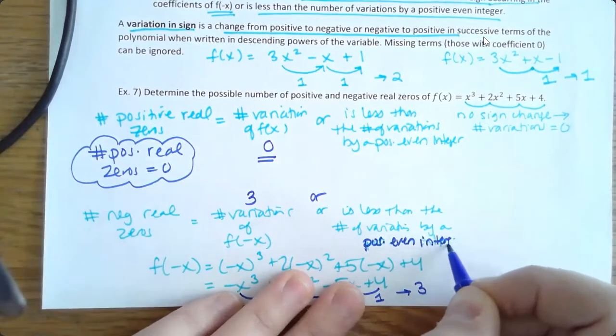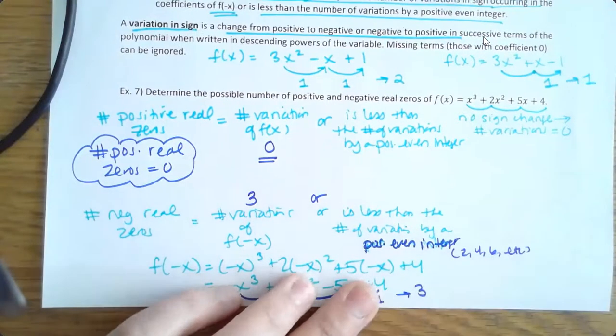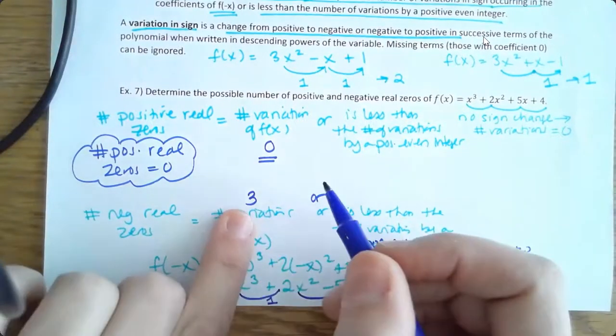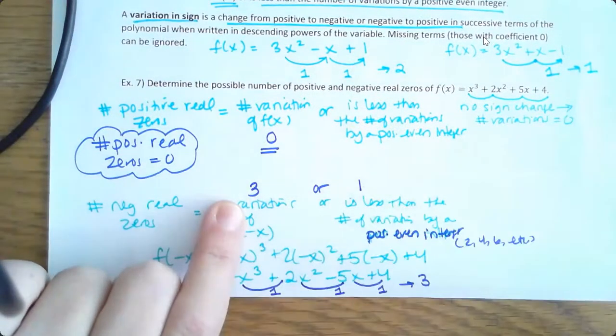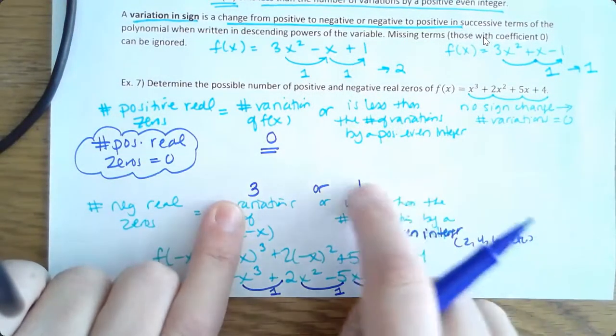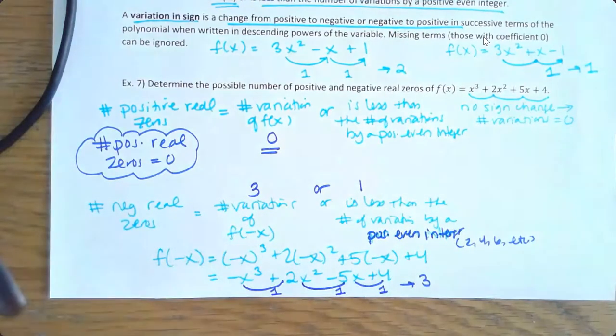Positive even integers are 2, 4, 6, etc. So we're counting down by 2s. So 2 less than this would be 1. I can't go any smaller because then I get into negative territory. It needs to be positive here. So the number of negative real zeros in this case would either be 3 or 1.